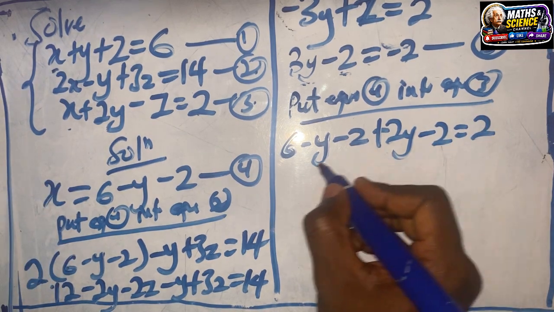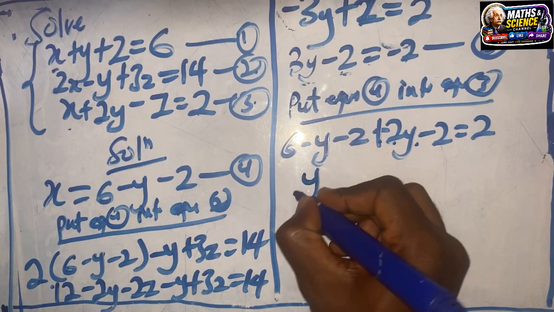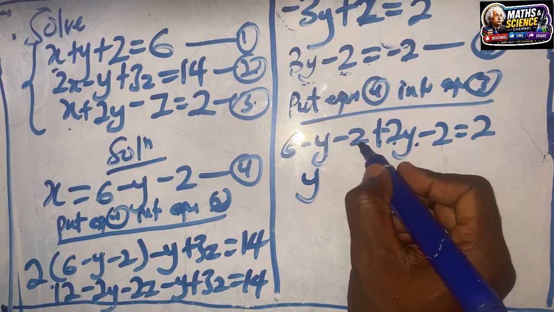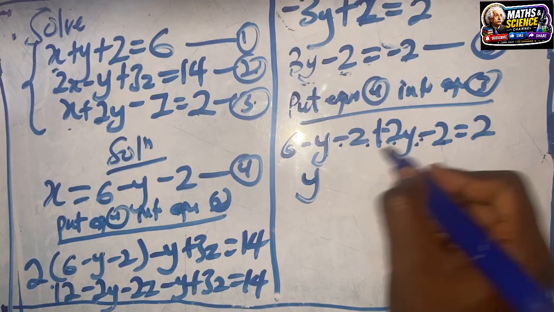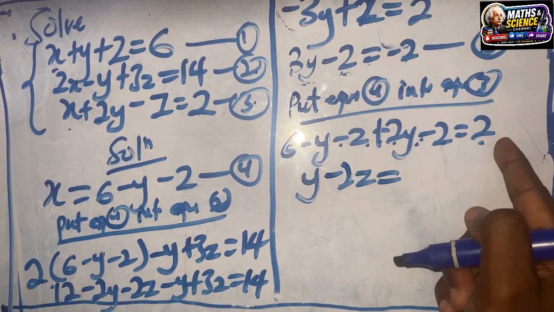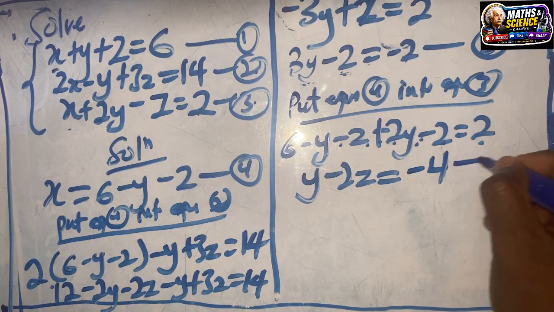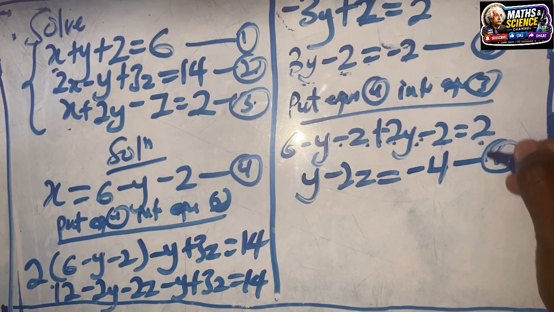From here, grouping like terms, I have minus y and then plus 2y, which just gives me y. With the z component, I have minus z minus z gives me minus 2z, and then I have 2 here. 6 crosses, it becomes 2 minus 6, which is just negative 4. And I can call this equation 6, right?